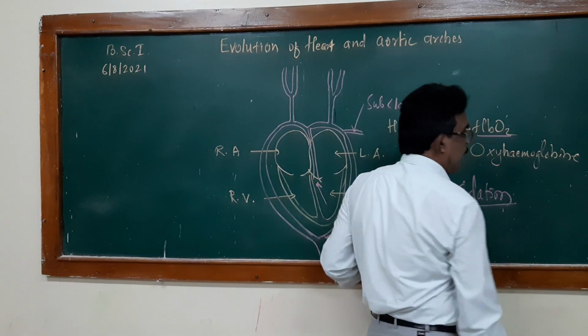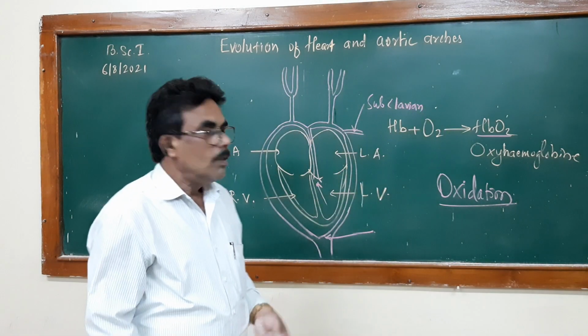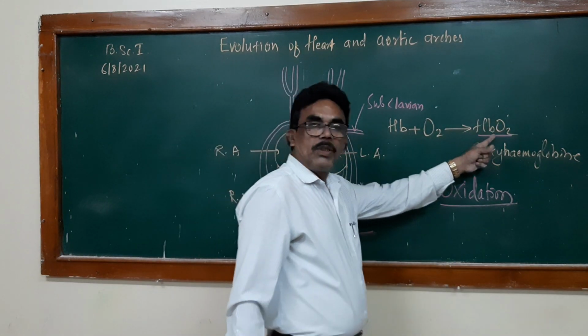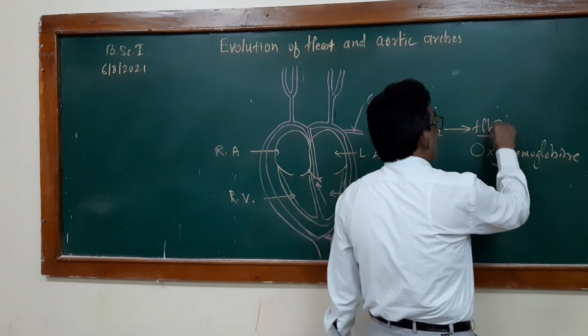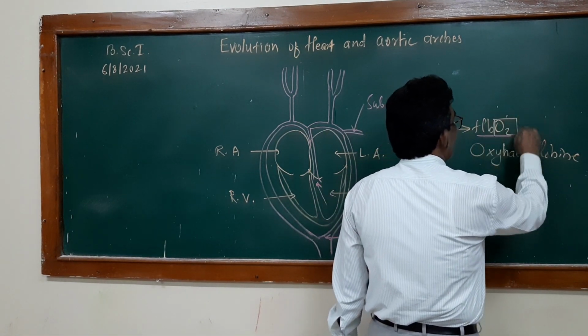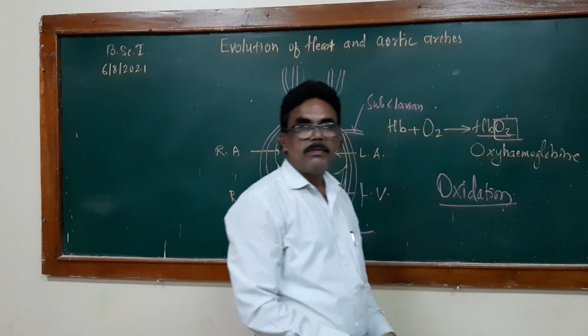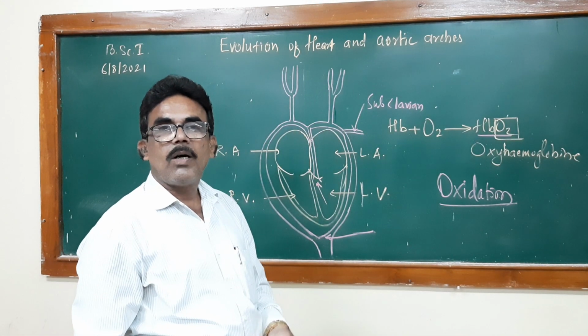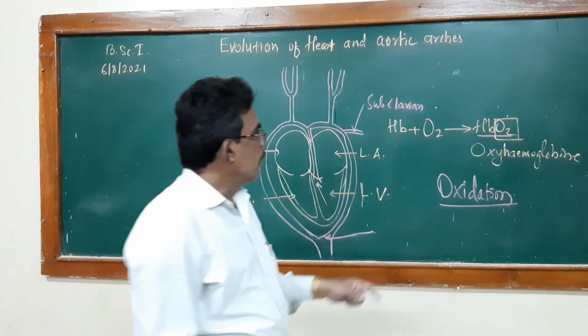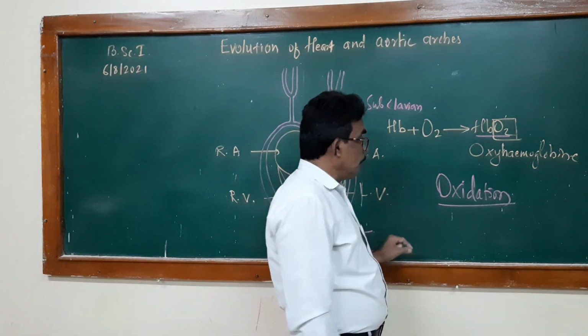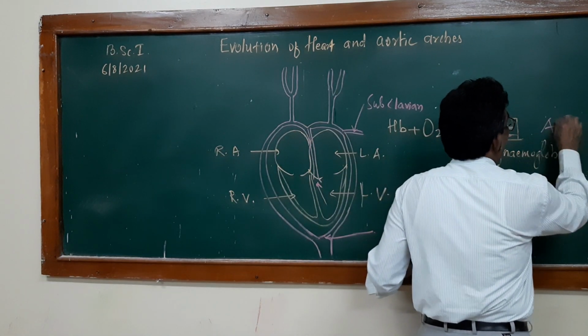After oxidation, the oxygen from the hemoglobin is utilized for the combustion of the food bolus, and ATP is formed.